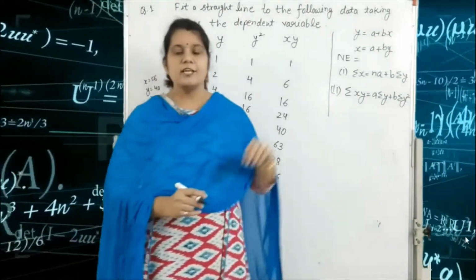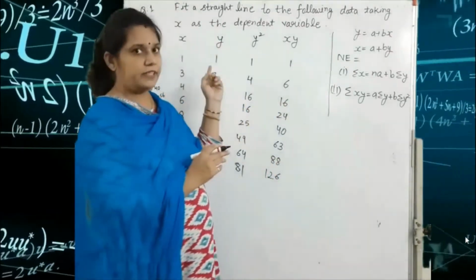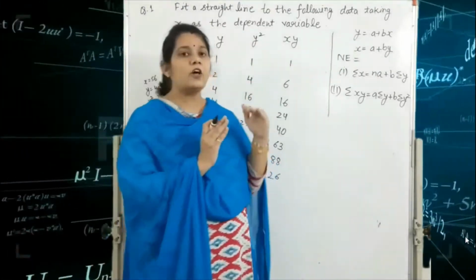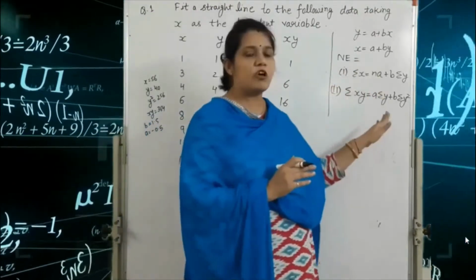Got it? So x and y are already given in our question, and we map the y square and xy columns, and the values are solved by the normal equations.